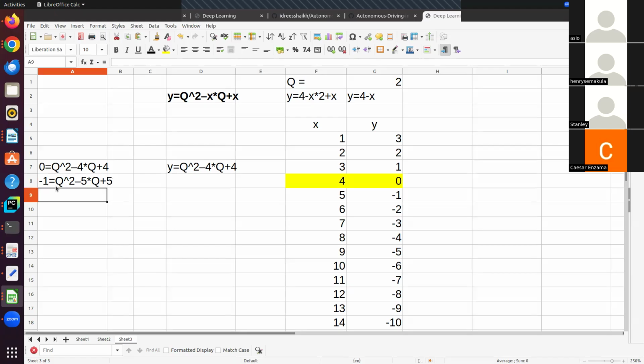It should match, right? Now 2 squared is 8 minus 10 plus 5 will give you -1, correct? There we go, let's write it. That will be 4 minus 10 plus 5, right?